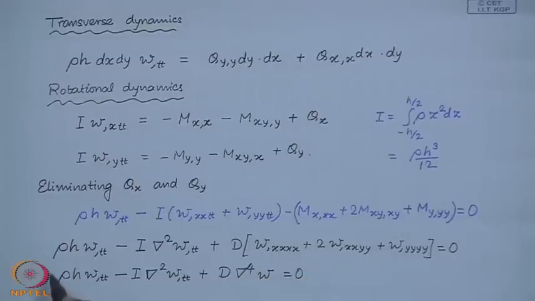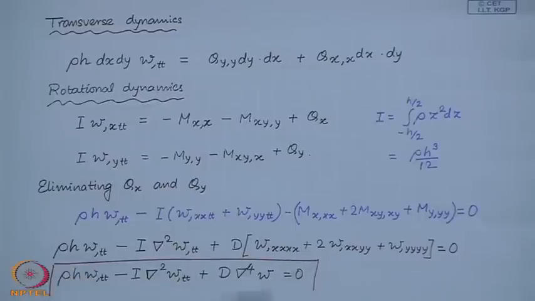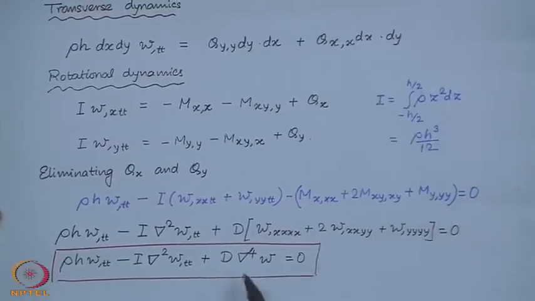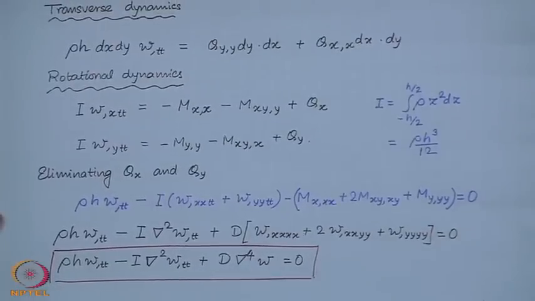So, this is the equation of motion of the plate. Here nabla 4 is the square of the Laplacian.